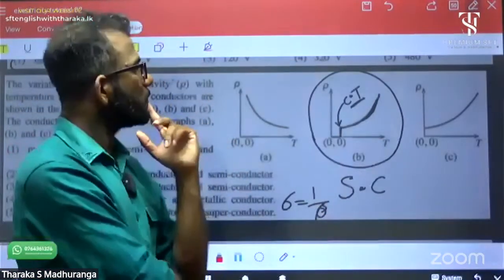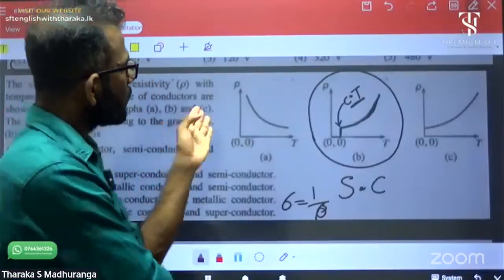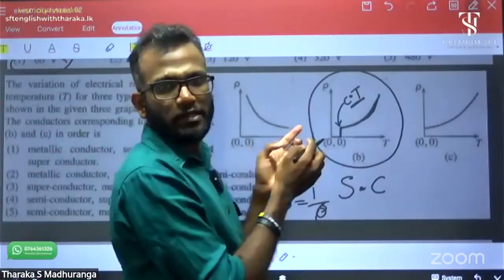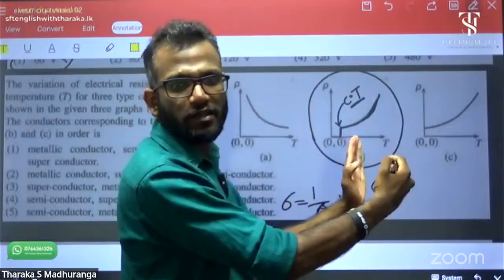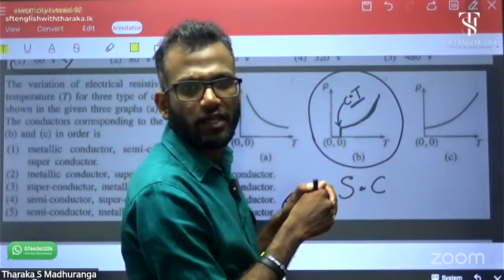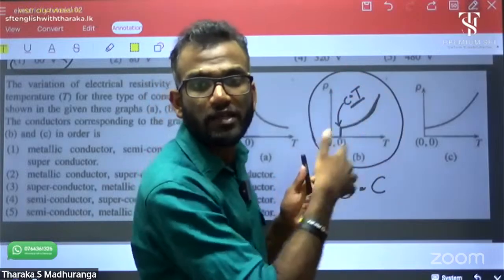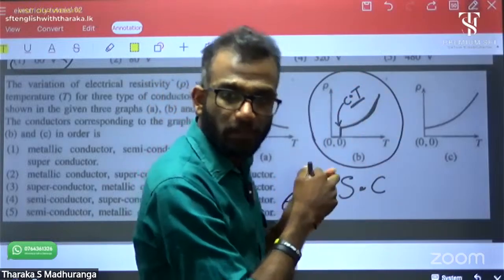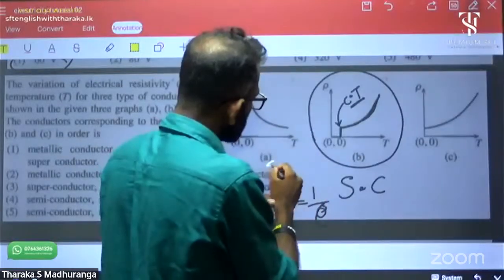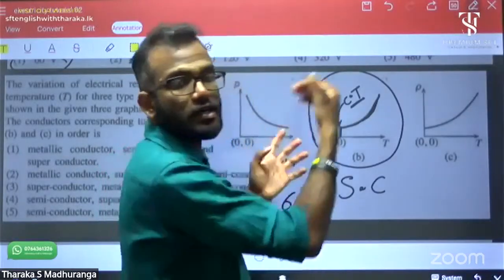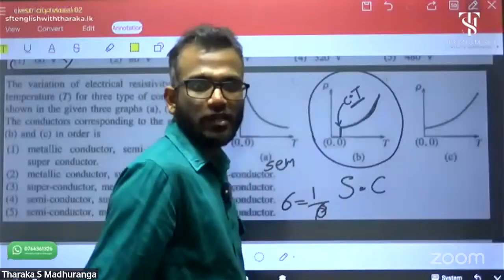I think you can remember. When increasing the temperature, the resistivity decreasing means the conductivity is increasing. What are these conductors? Semiconductors. When we increase the temperature, the conductivity increases, resistivity decreases.